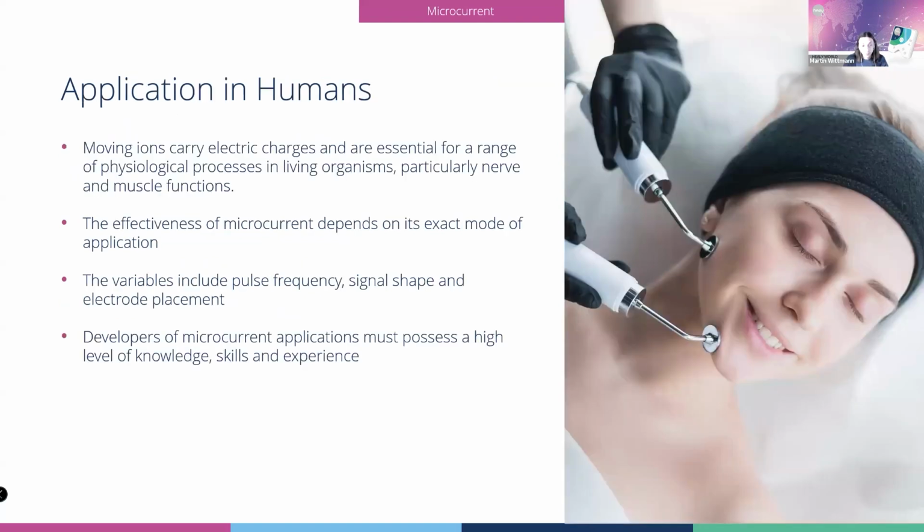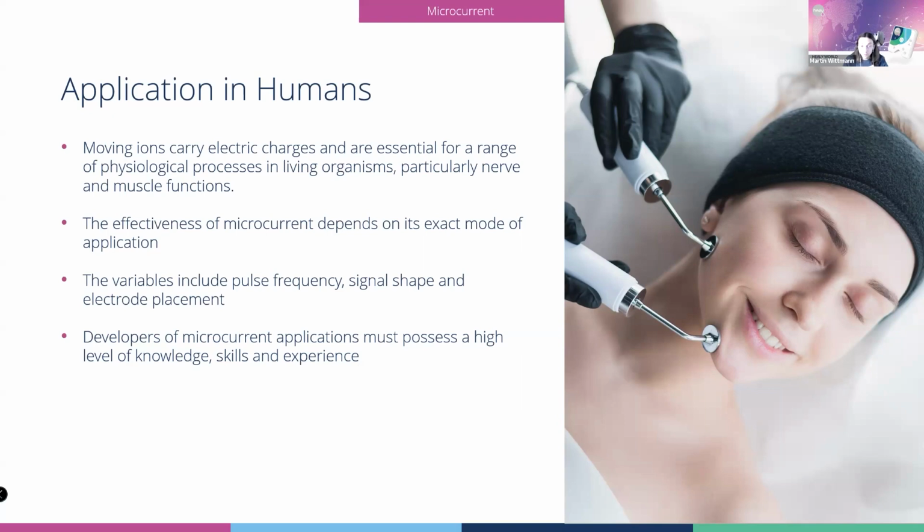Application in humans. Those moving ions that are basically carrying the electrical charges are essential for physiological processes in living organisms, for example, in nerve or muscle functions. The effectiveness of microcurrent, of course, depends heavily on the mode of application.